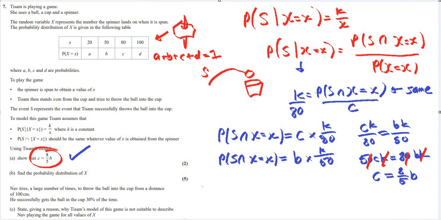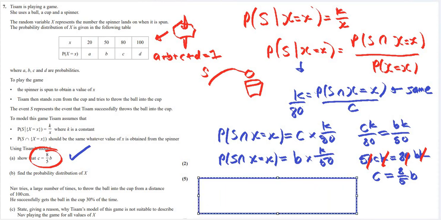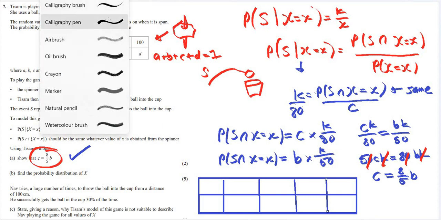Now I'm going to find the probability distribution. Remember, the probability distribution means that I've got to rewrite that table with the values. But I'm going to have to work out what some of these values are first. So what do we know?